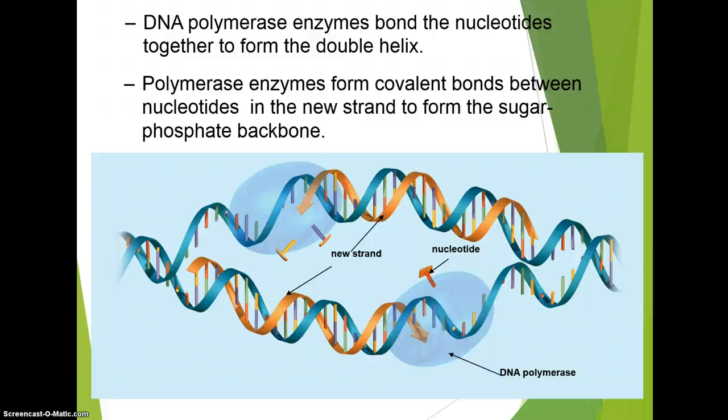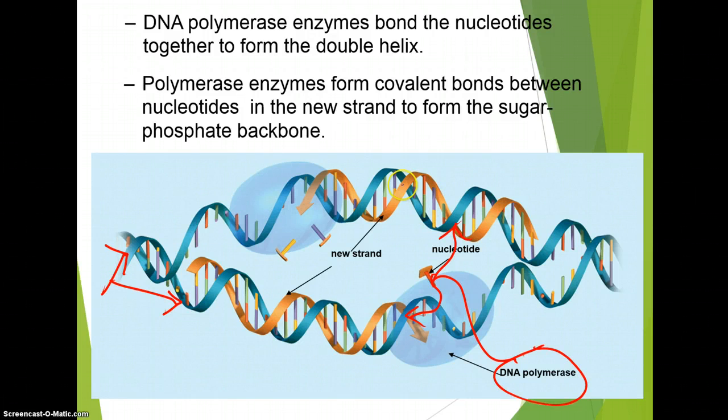So in replication, the one strand that you begin with gets unzipped into two separate single strands, but then DNA polymerase comes in and places nucleotides along each part of it, creating two new double helices. Now remember, your nucleotide is your phosphate and your deoxyribose, that's the sugar, that's the backbone part, and then the nitrogen base, which could be either adenine, guanine, cytosine, or thymine.